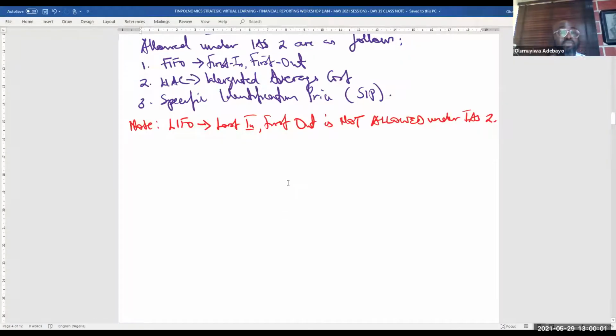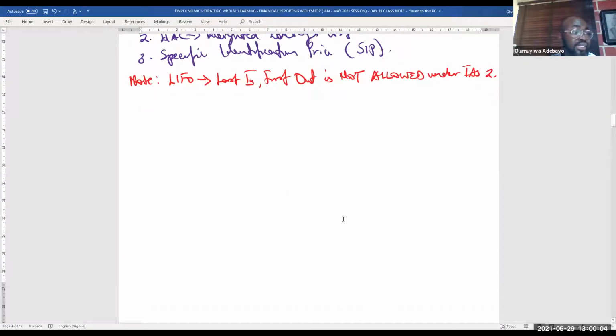Now we have discussed that. Now specific identification is adopted for peculiar inventory that are of significant value. Example, can you use FIFO or weighted average for inventory of aeroplane? Can you use it for inventory of Rolls Royce? Can you use it for inventory of a gigantic ship?